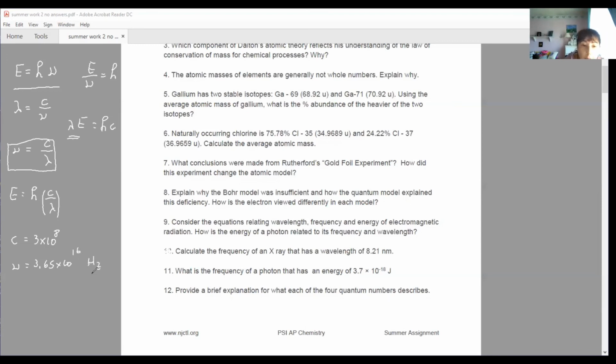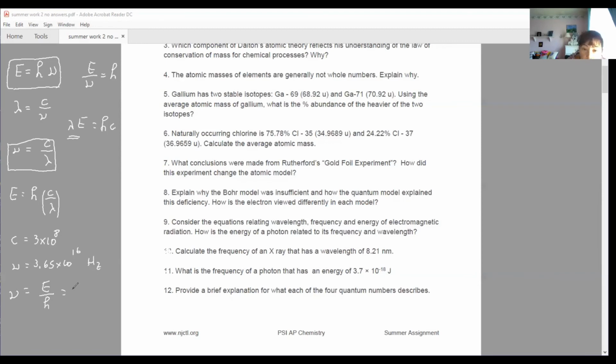Okay, number 11. What is the frequency of a photon that has an energy of 3.7 times 10 to the negative 18 joules? So we want the frequency, so we are using this equation here. The frequency is equal to E over h.